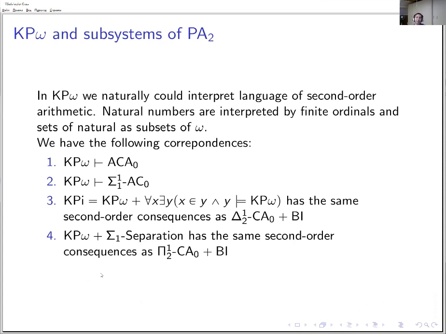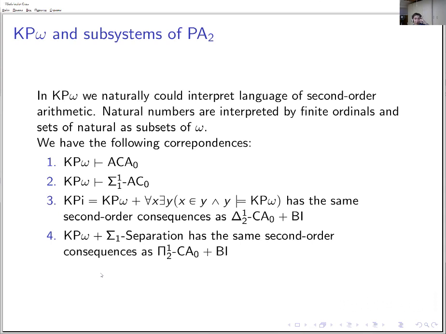If you have Σ_1 separation, then you get Π^1_2 comprehension. If you add Σ_n separation, then you will get Π^1_{n+1} comprehension in second-order arithmetic.